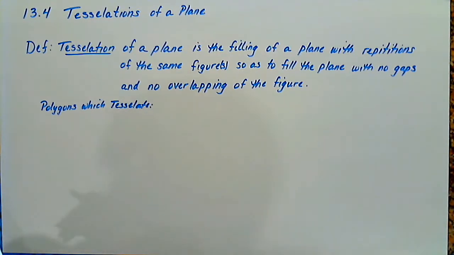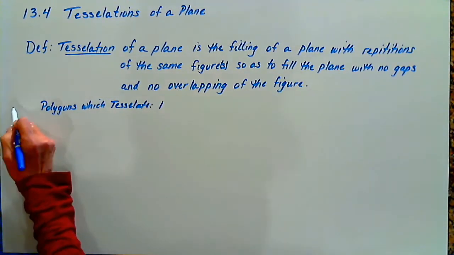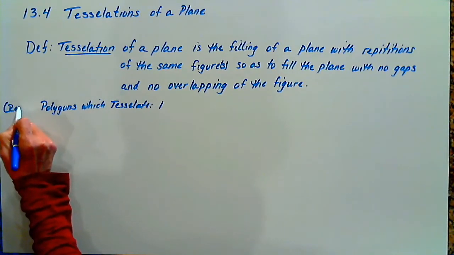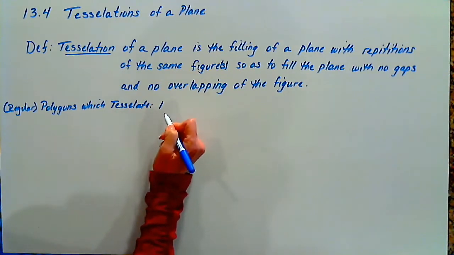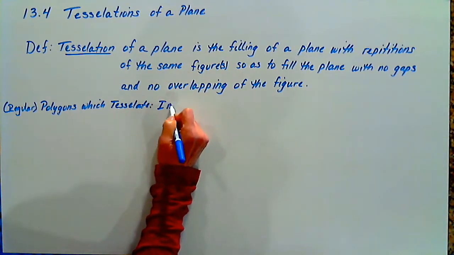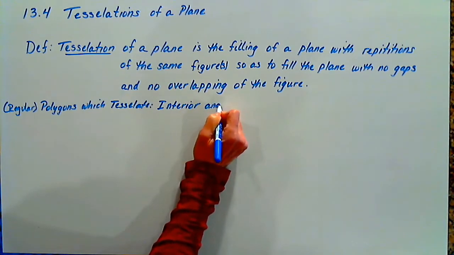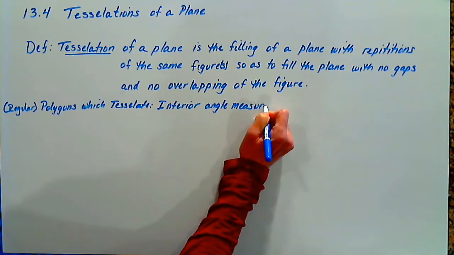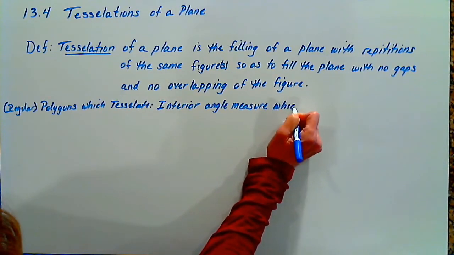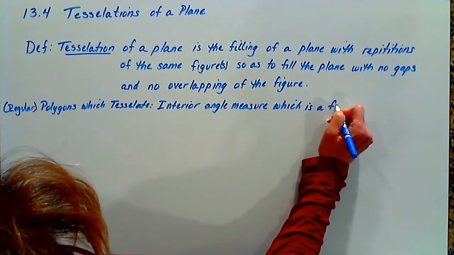Regular polygons that tessellate have interior angles. I'm going to change this to regular. Regular polygons that tessellate have an interior angle measure which is a factor of 360 degrees.